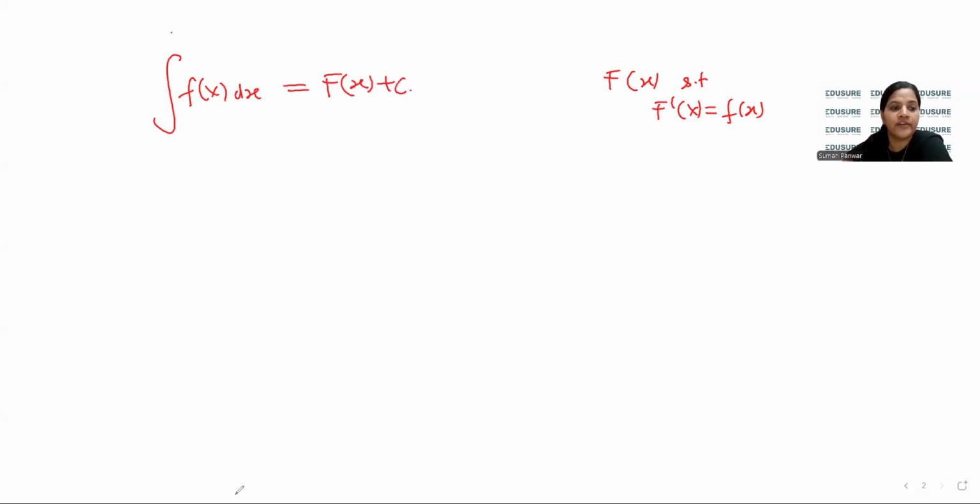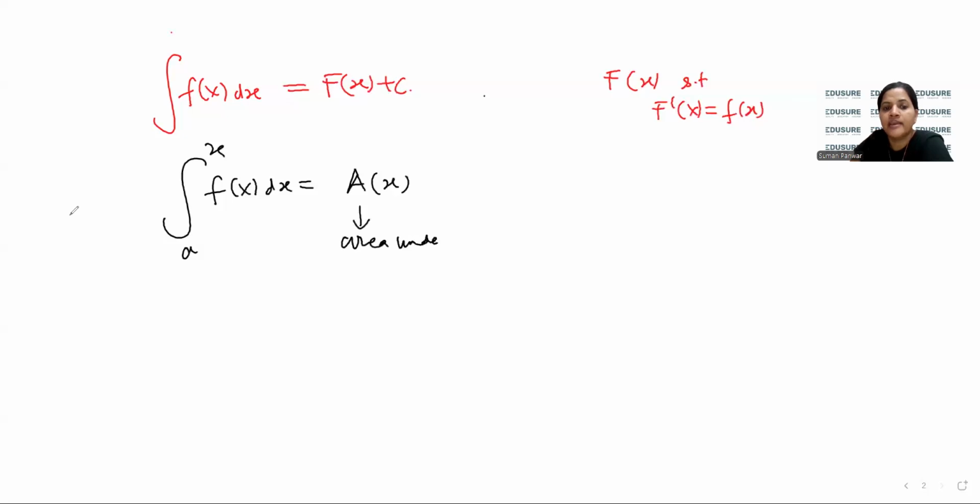But geometrically, the meaning is obtained when we put limits over here. When we put limits, we actually get A(x), which is the area under y equals f(x) from a to x.